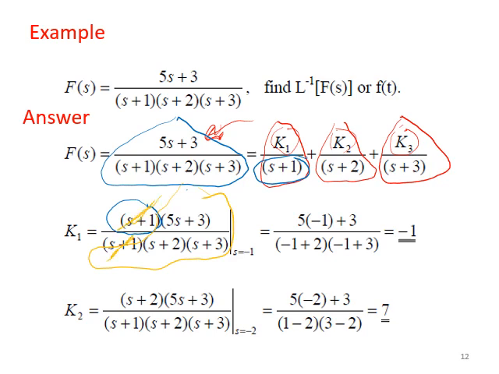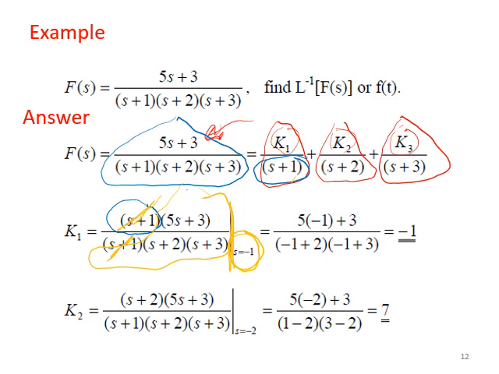The remaining will be 5s plus 3 over s plus 2 into s plus 3. So we solve this one at s equal to minus 1. Notice here, the denominator of k1 is s plus 1, which helps us to evaluate the k1 value by calculating it at s equal to minus 1.